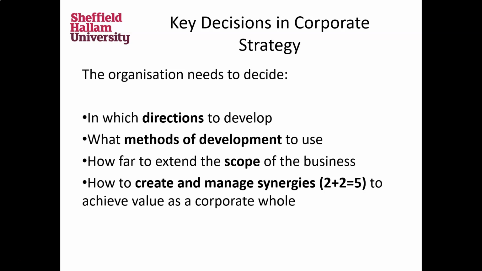But if we can't create and manage synergies, then we can end up with overcomplicated organisations which are inefficient, where costs are difficult to control and manage, where management decision-making becomes complicated and difficult to make and difficult to enforce, and as a result, efficiency and effectiveness decrease, business performance decreases, and this can lead to strategic failure, quite often because a lot of businesses expand through borrowing money, essentially, whether that's on money markets or through issuing shares or other forms of borrowing.